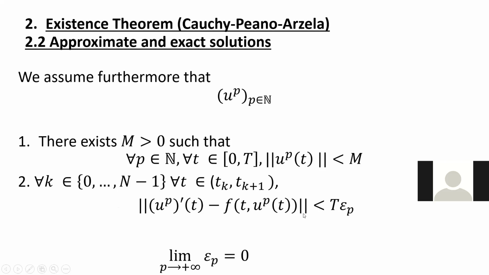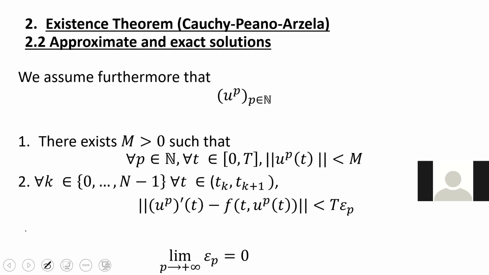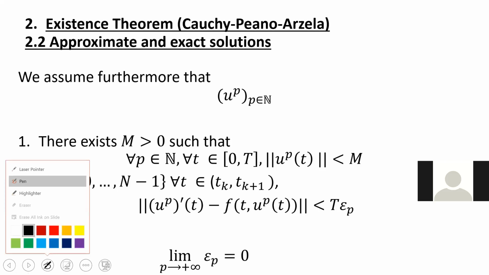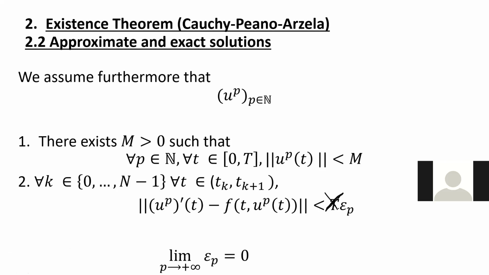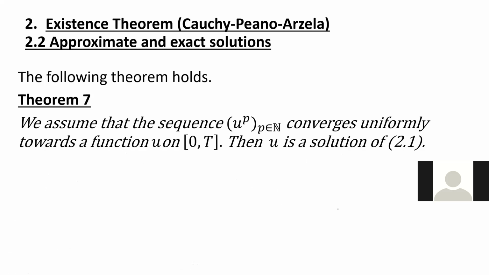As I said here, there's no p. There's no t, sorry. Then if the sequence is converging uniformly, then U is a solution of the ODE.